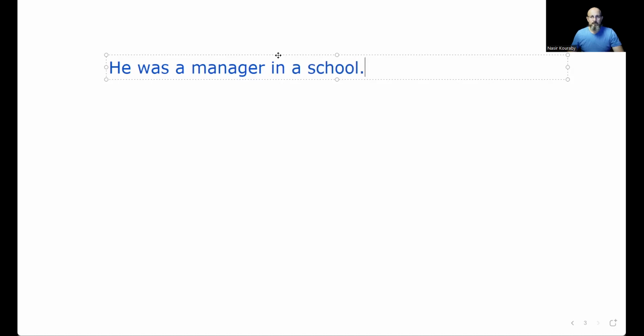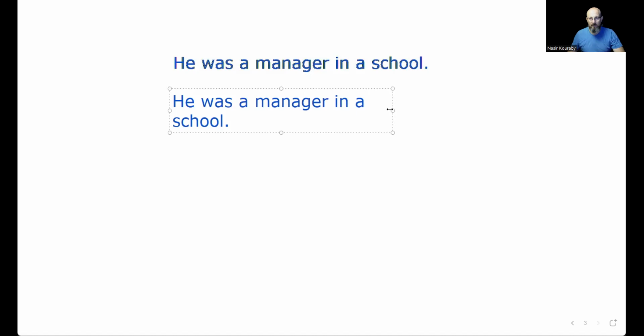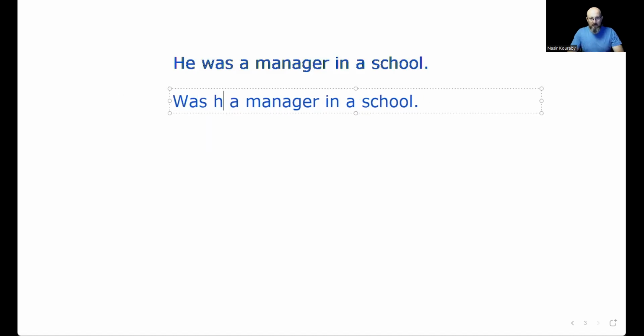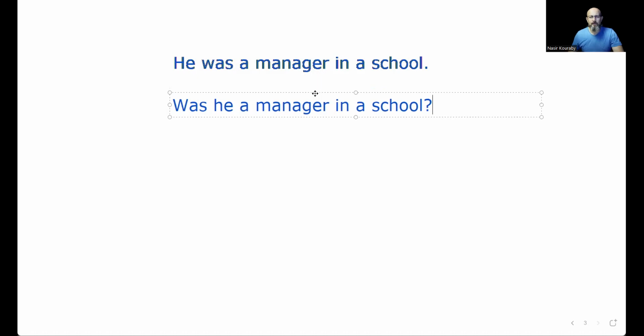How can I make a yes/no question? We change the order. Was he? That's it. You change between the subject and the verb to be. Was he a manager in a school?